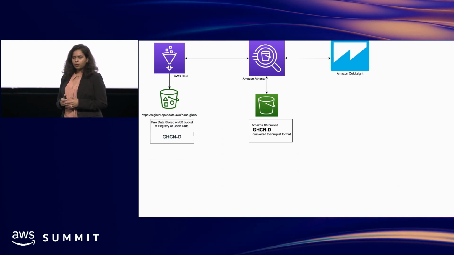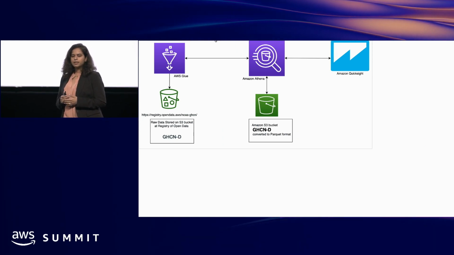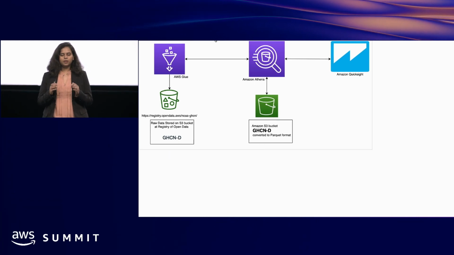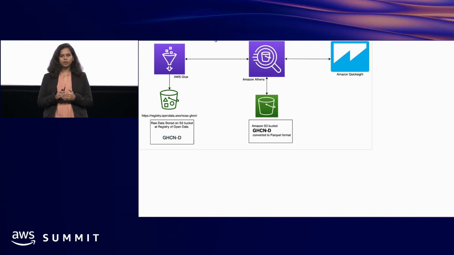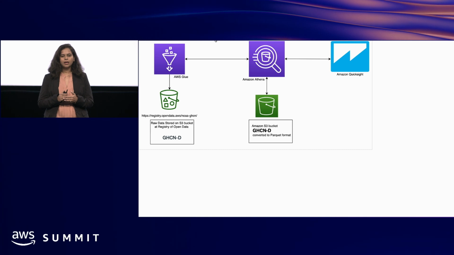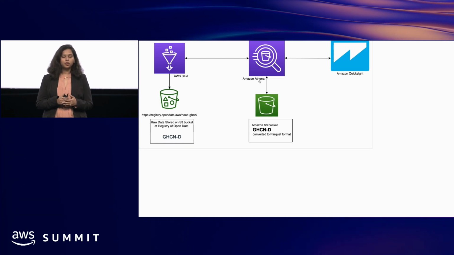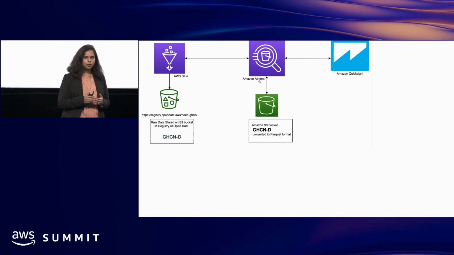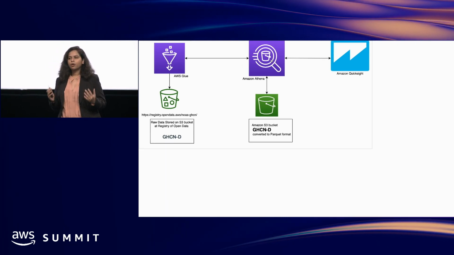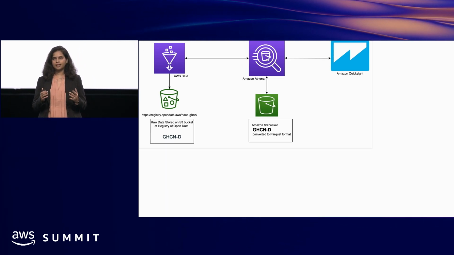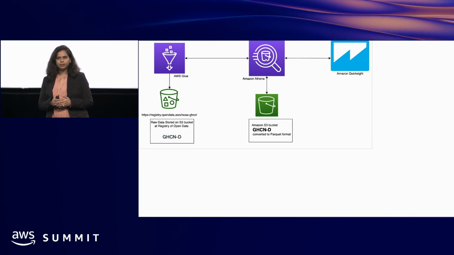So the demo walkthrough is as follows. As you can see on the screen, we are going to start with the middle portion, that is Amazon Athena. Amazon Athena is an interactive query service which uses SQL and Presto in order to query a number of different sources like JSON, CSV, and Parquet format data.